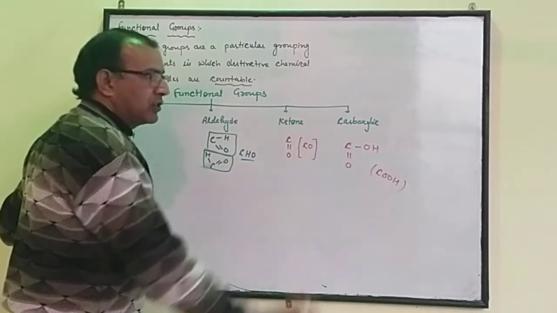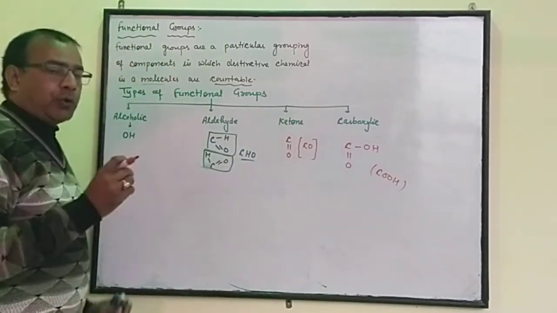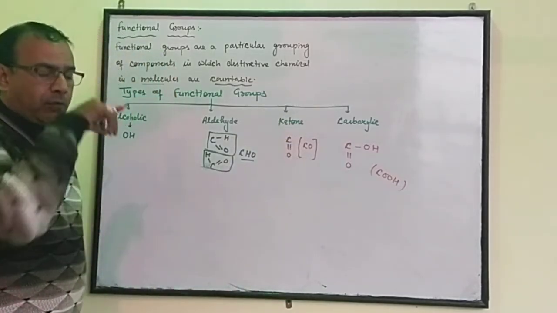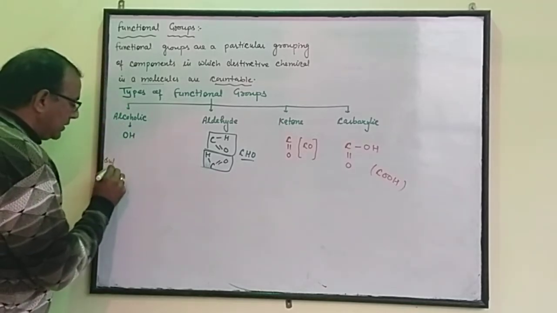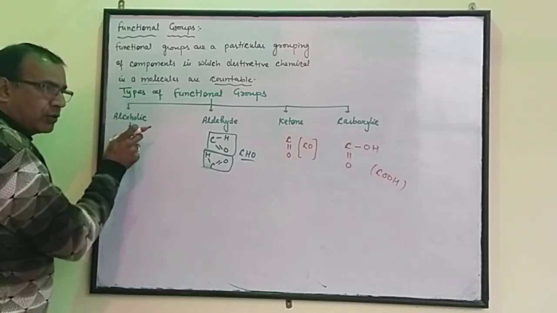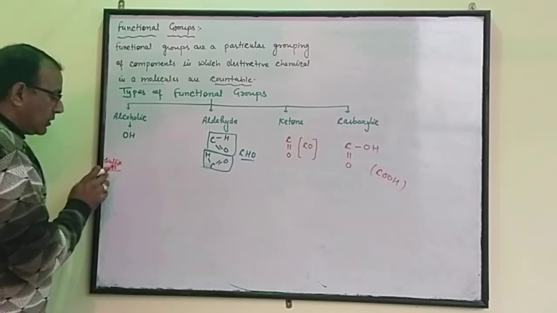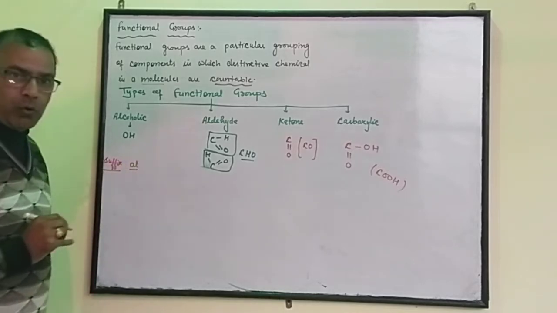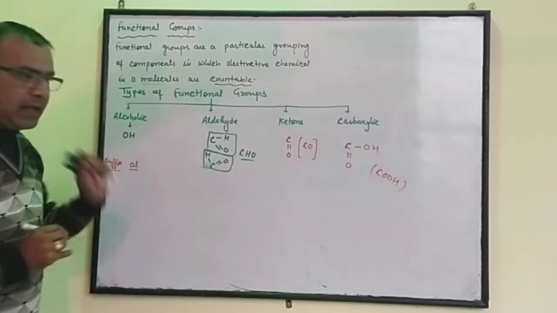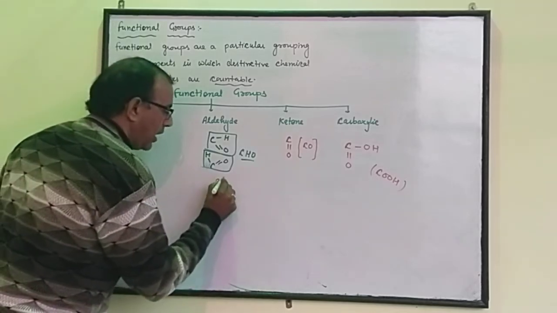These types of functional group are known by different suffixes. When hydrocarbon compounds are attached with such functional groups, for alcohol the last sound, the suffix, is ol. If aldehyde, the last sound is al.